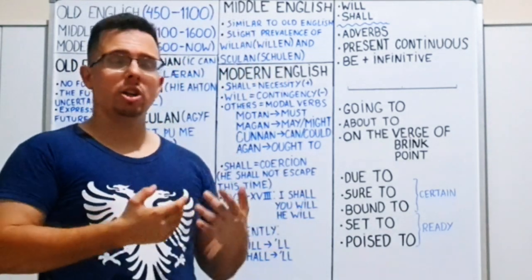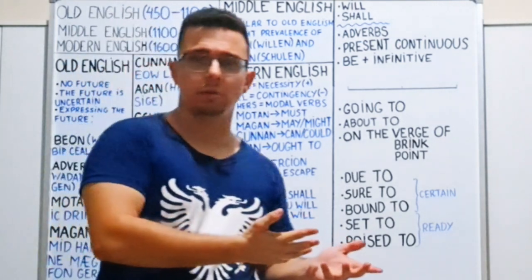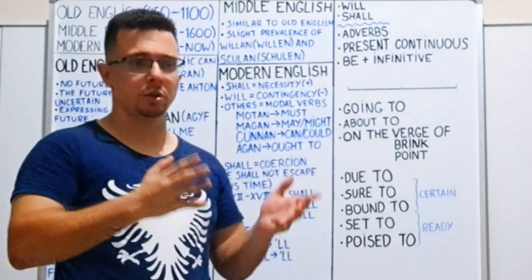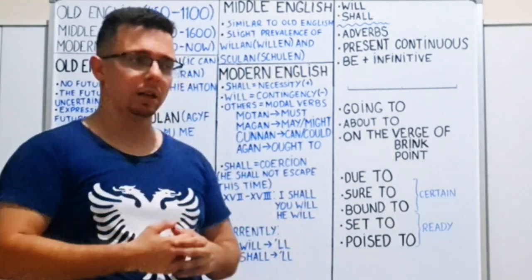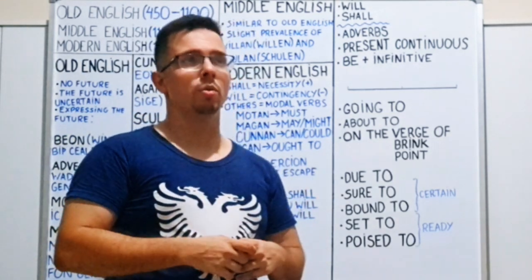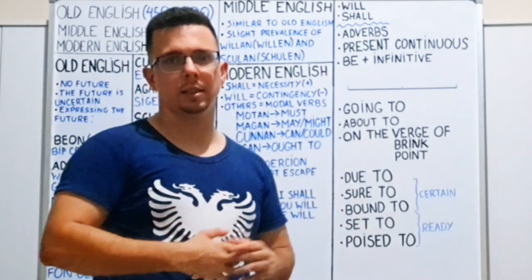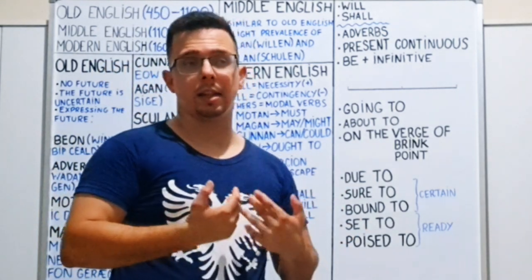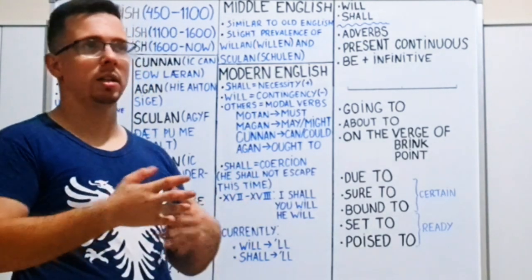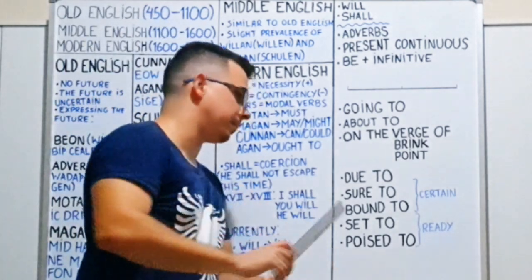But in other occasions, that means, yeah, I'm going to the party tomorrow. It doesn't matter what you say, I'm going to the party, right? Or, for example, if a mother says to her child, you are not going to the party, it's implicit that she's talking about the future because she knows, and the child, the son or the daughter, knows that the party will happen in the future.